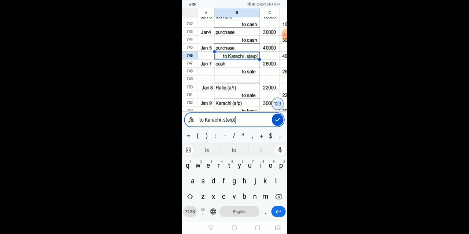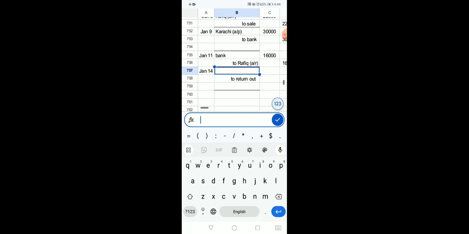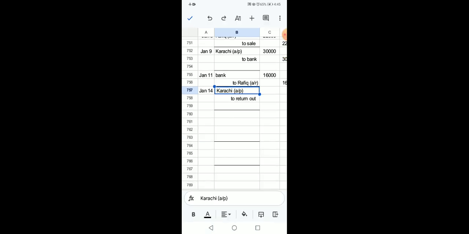So Karachi was your account payable. Since you are returning goods, the amount after returning is not payable. Not payable means account payable is decreasing, account payable liability. Liability is decreasing, and decrease in liability should be mentioned on debit side. That is why you are writing your account payable on debit side due to decrease in liability.